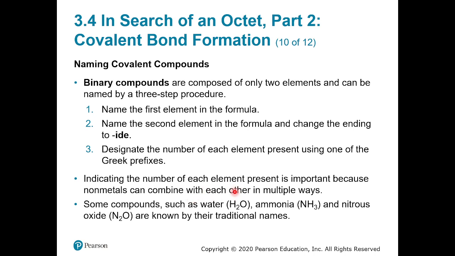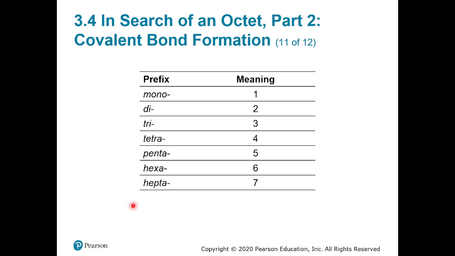Some of the compounds like water, H2O, ammonia, NH3, and nitrous oxide, N2O, most people just say their traditional names. It's very unusual to see them expressed in this correct compound naming. Just nobody wants to use it.